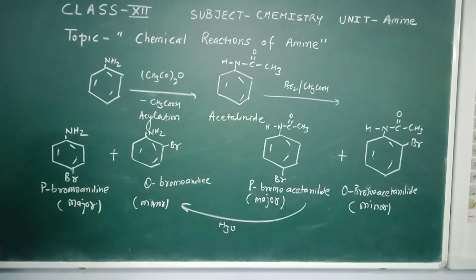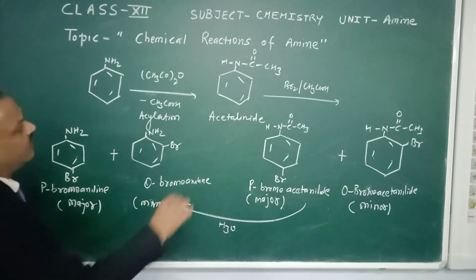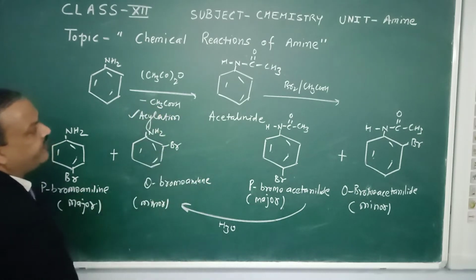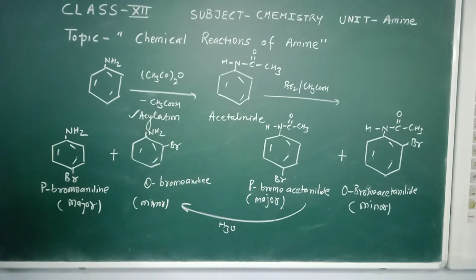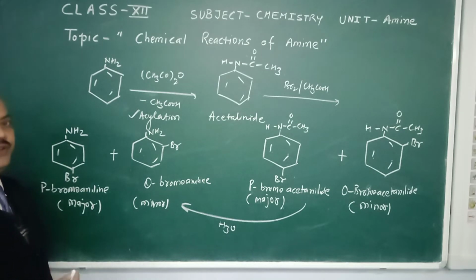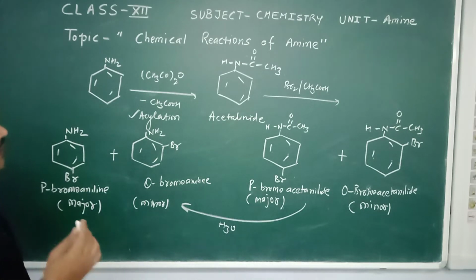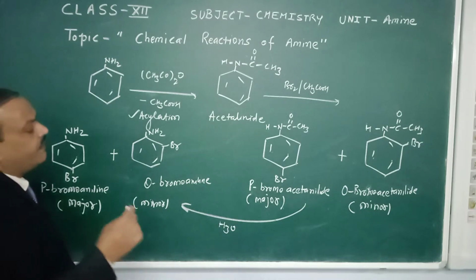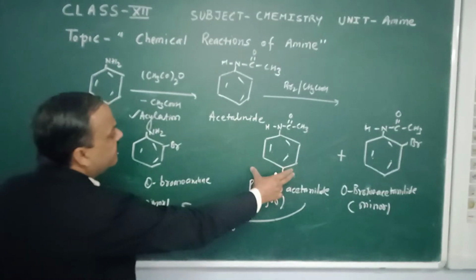So the basic effect of acylation is that it controls the reactivity of the amines. That means the acyl group controls the reactivity of amines. Due to this, the major product is para.